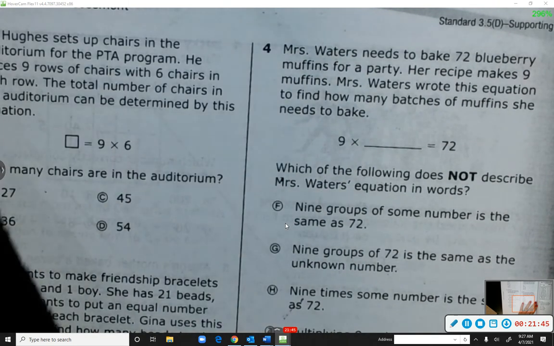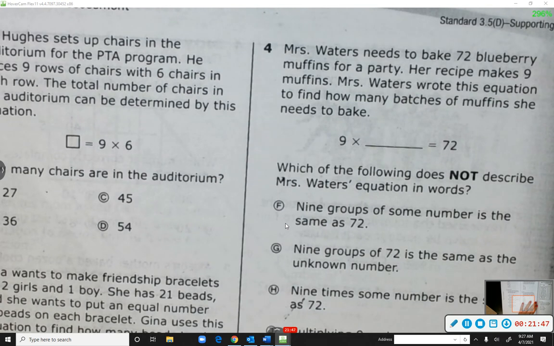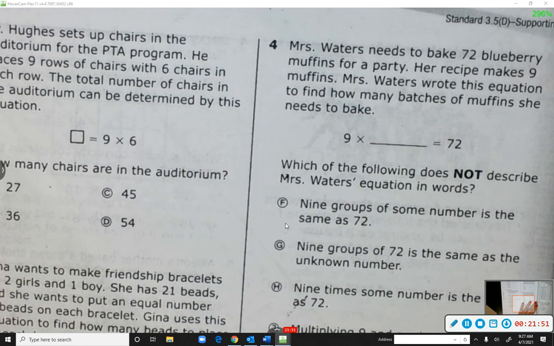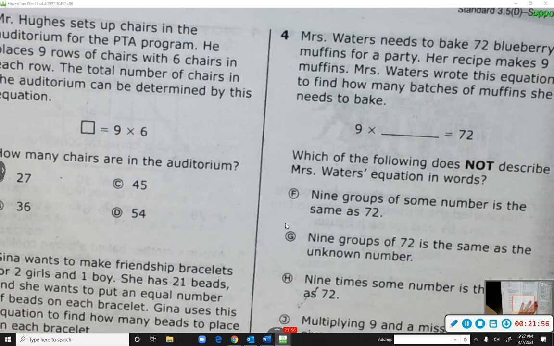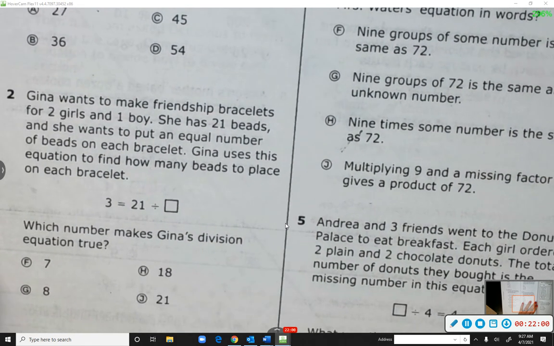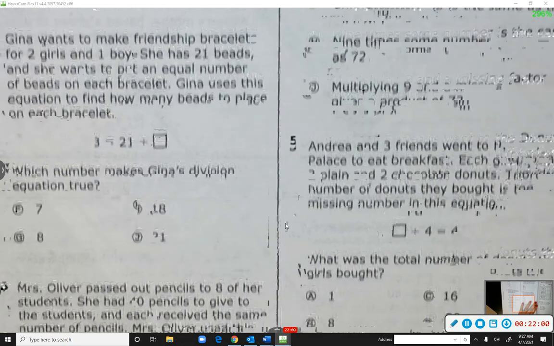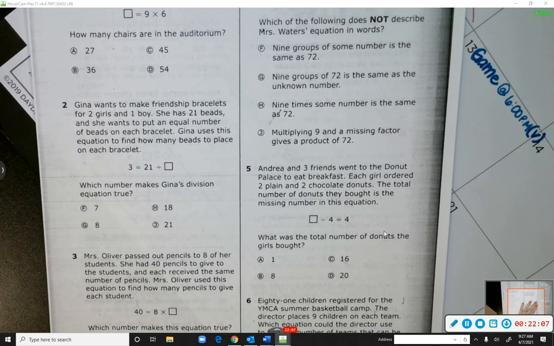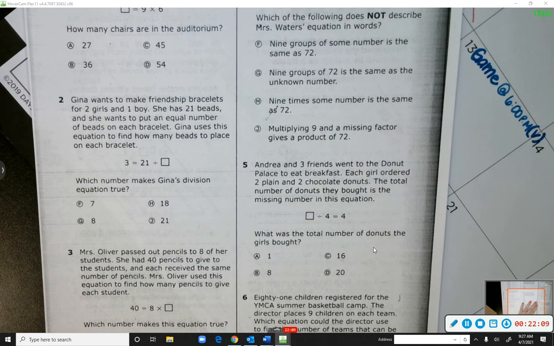Let's look at the very last page. Number 2, or 5? I'll let y'all choose. Raise your hand if you want 2 worked out for you with me. 1, 2, 3, 4, 5, 6, 7, 8.